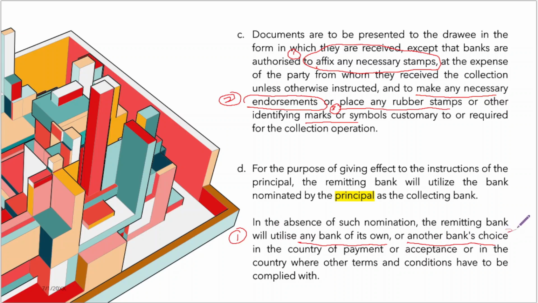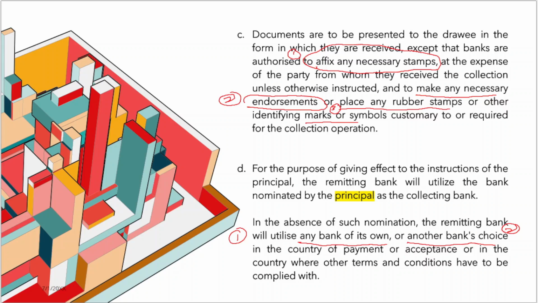That's the second remedy. And they will use either any bank of its own or another bank's choice in the country of payment or acceptance or wherever the terms and conditions are to be met. So the remitting bank can choose the collecting bank, but in two scenarios, where they can utilize any bank of its own or they can use another bank's choice. Why am I reiterating this?